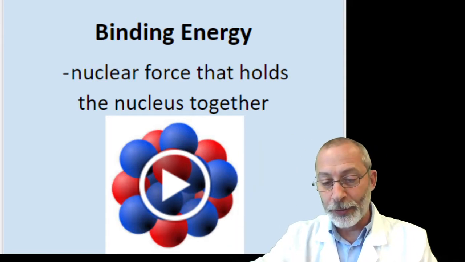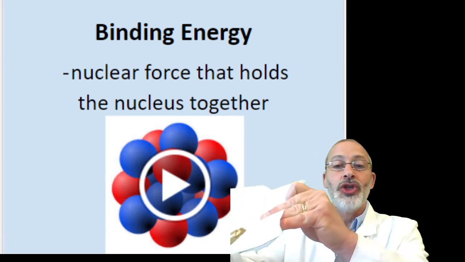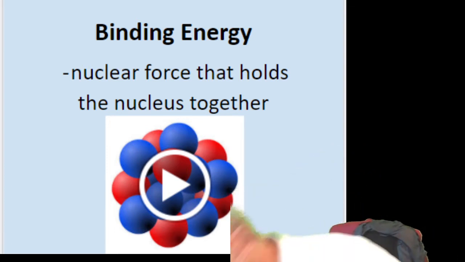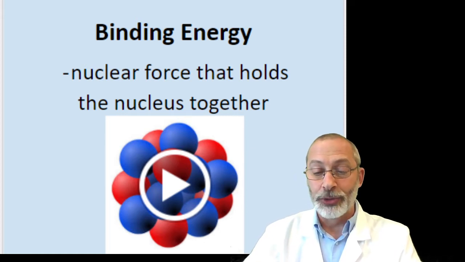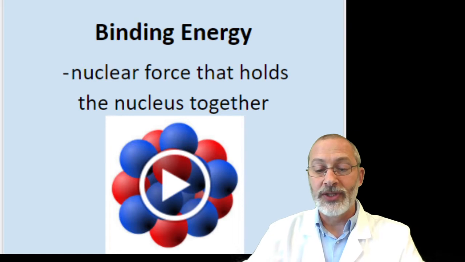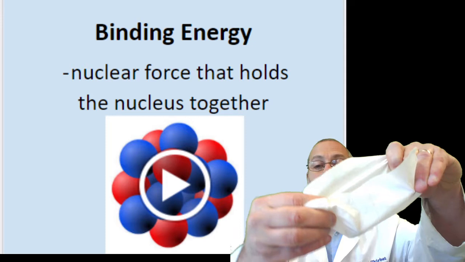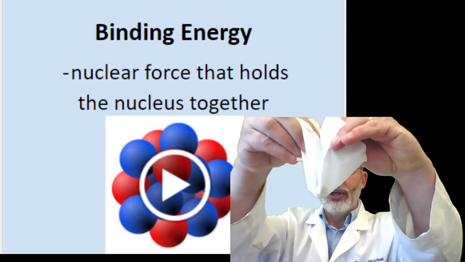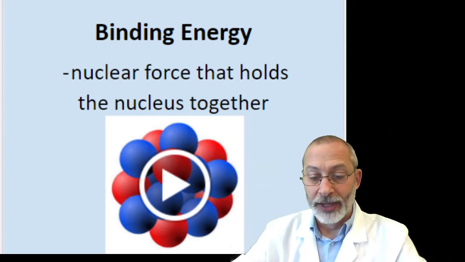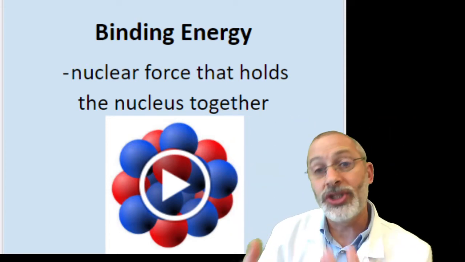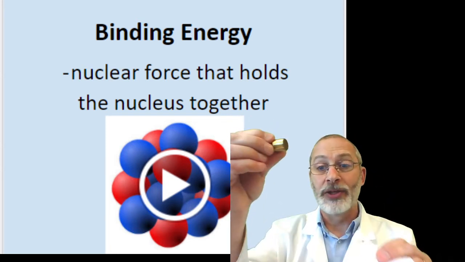If I place this little brass mass into the tissue, the tissue is strong enough to hold the little brass mass. I'm trying to hold it so that you can actually see it here. But the little brass mass is in there, and the tissue is strong enough to hold it. You can see it by the evidence of the tissue hanging down. That's where the mass is. So the tissue here is representing the binding energy, and the brass mass would be the nucleus.